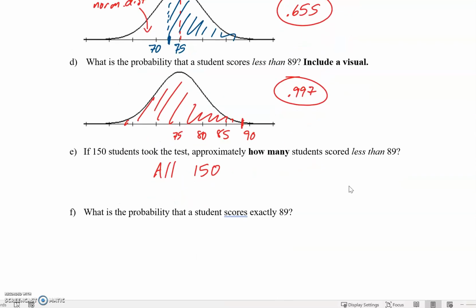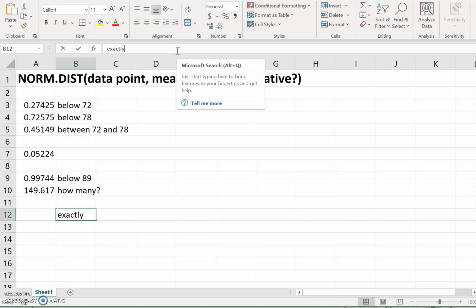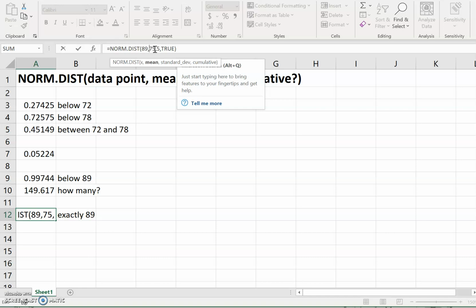All right, and then lastly, what's the probability a student scores exactly 89? So this one I wanted to make sure to include because we have been using true for all of these. So this is a situation where we're going to use false, and I'm just going to copy this down because this one used right below 89. So we have 89, 75, 5.